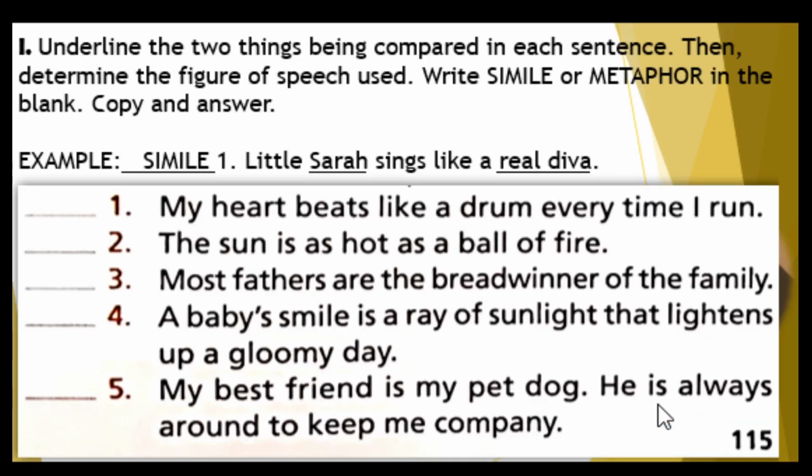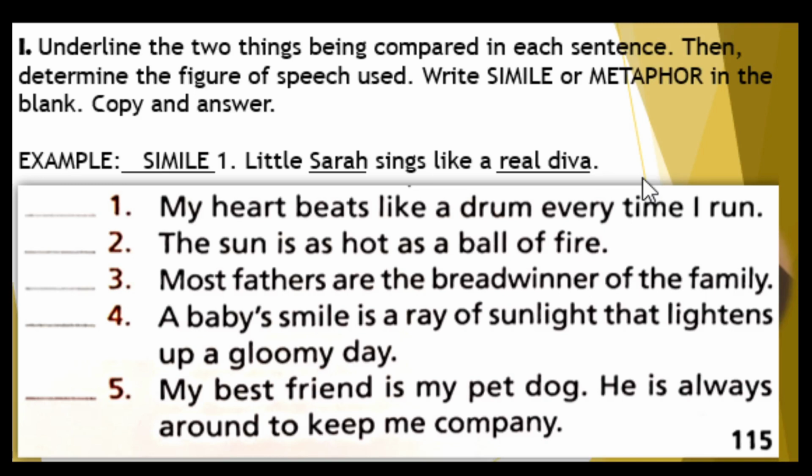Next, for your first activity, just underline the two things being compared in each sentence. Then, determine the figure of speech used. Write simile or metaphor in the blank. Copy and answer. For example, number 1, little Sarah sings like a real diva.